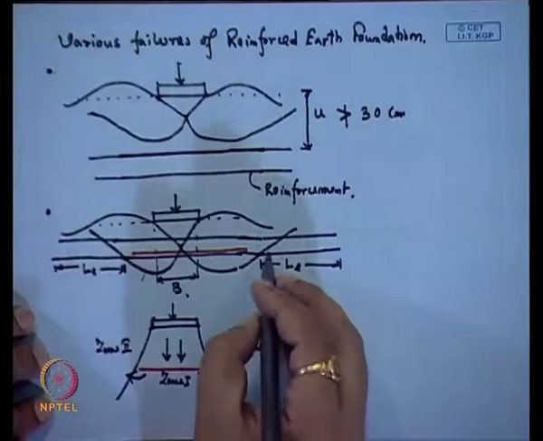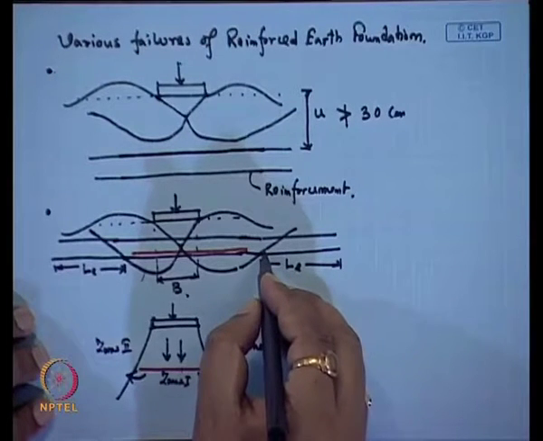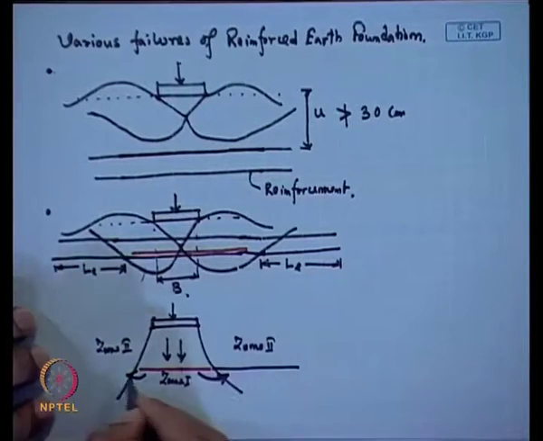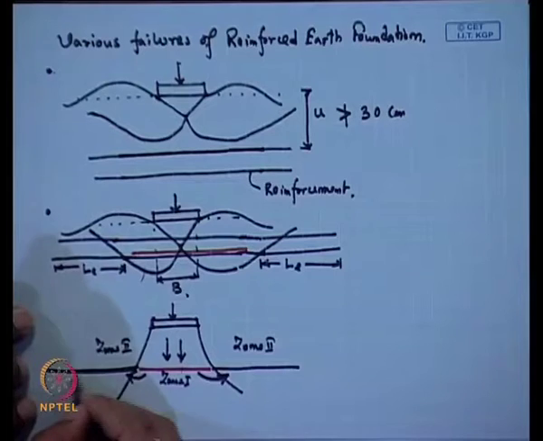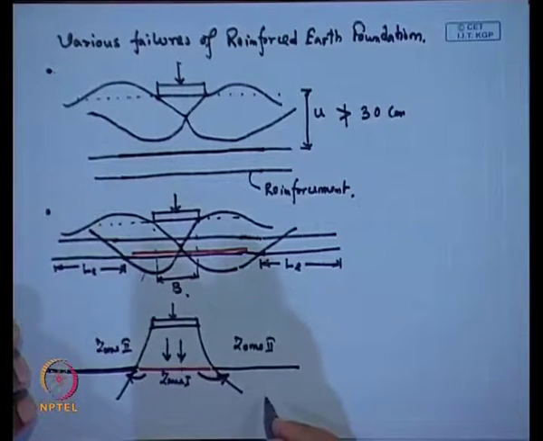Okay. So, now we should have a sufficient anchor. If I extend this reinforcement on this side, this reinforcement will provide an anchor. This reinforcement is inserted within the soil. So, what will happen?